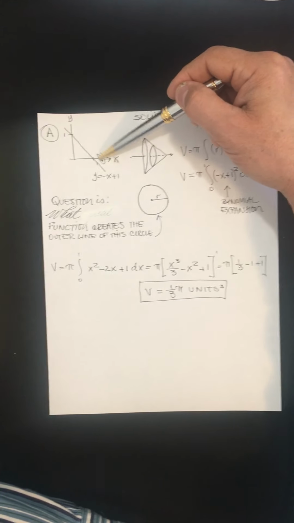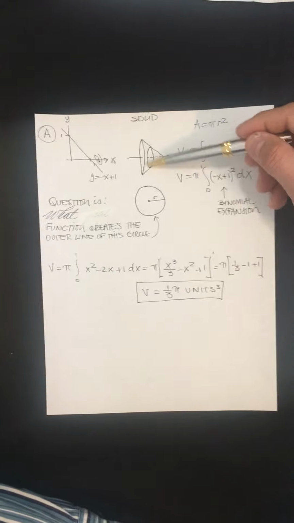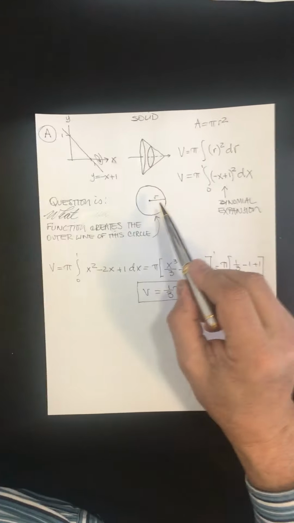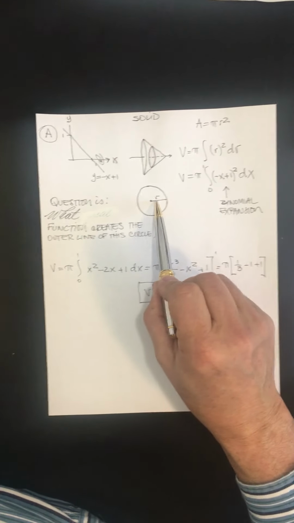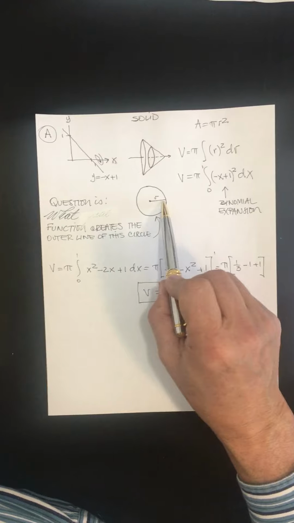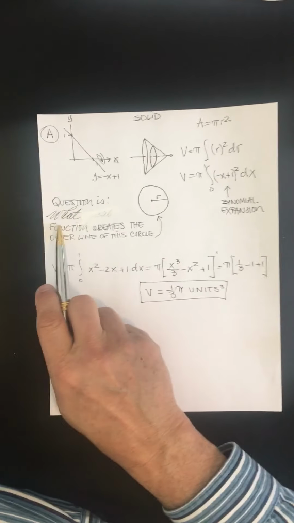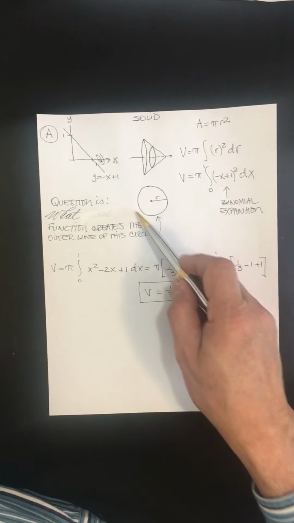If we rotate over the x-axis, the solid is going to look like this, and we slice it over the x in order to get a circle. And the circle has a little radius, little r. The question you must ask is, what is the function that creates the circle line?